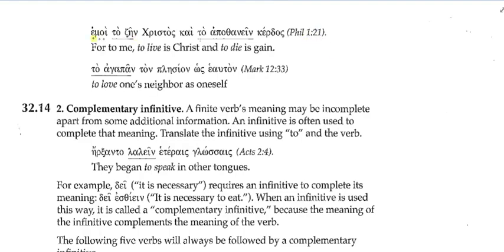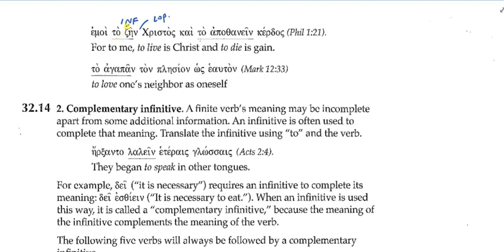So, an example from Philippians 1:21. For to me, and here's my infinitive, to zen Christos. What's implied here is a copula, right? The verb to be is missing. To live is Christ. Notice that my infinitive is articular.